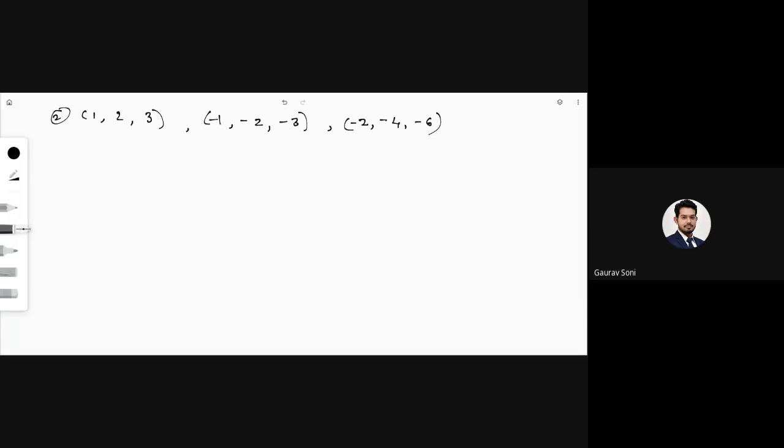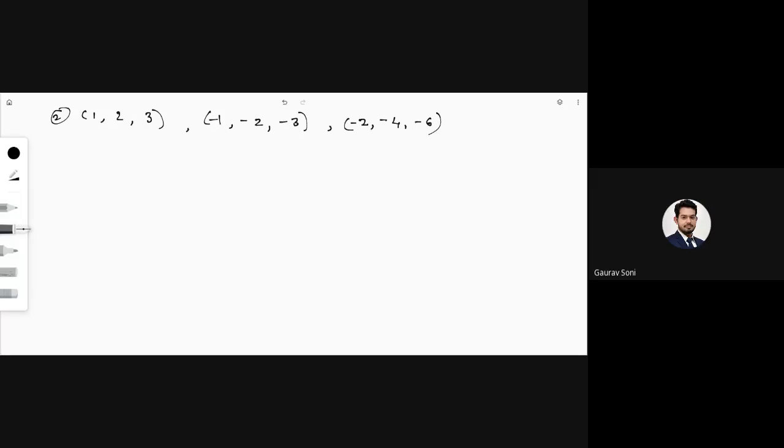Okay, so let's start finding out what the relation is. Can you define the relation? Why are you saying dependent? The first one is equal to minus of the second one. C1 is a constant, x is a vector.